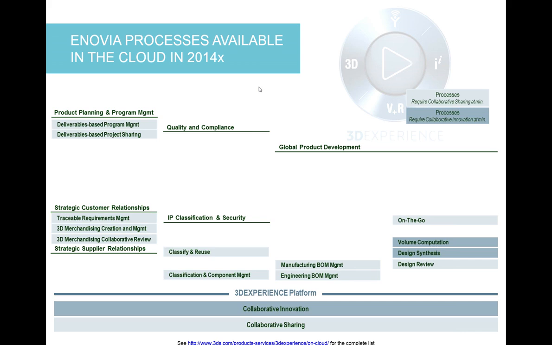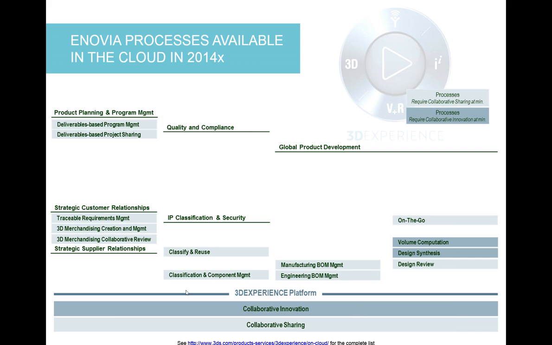So here you have the core set of ENOVIA functionality for program management, requirements management, classification, and bill of material management for manufacturing and engineering, pretty much. Also with some hooks into CAD integrations.